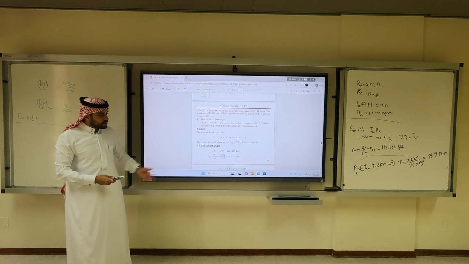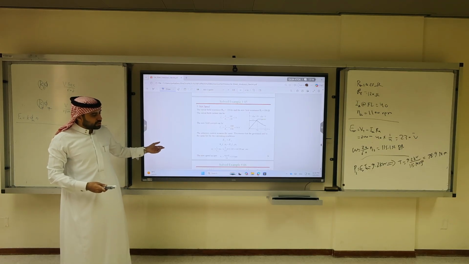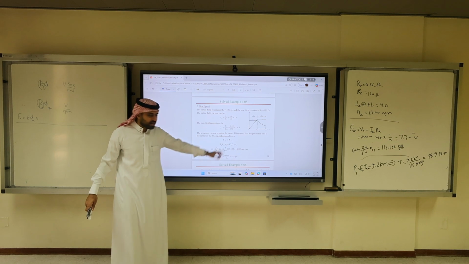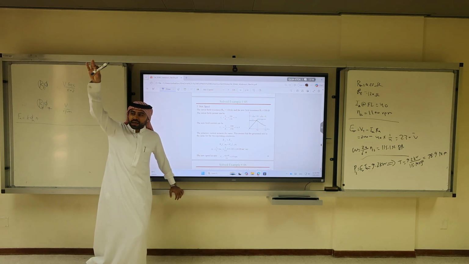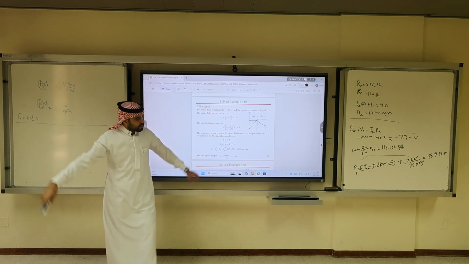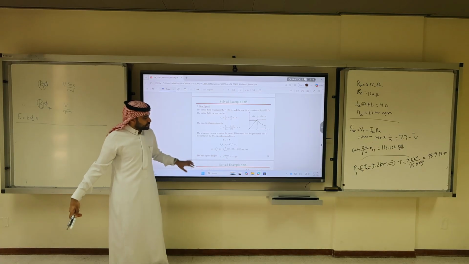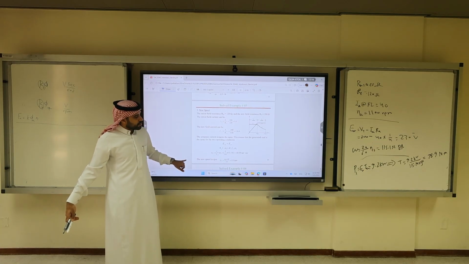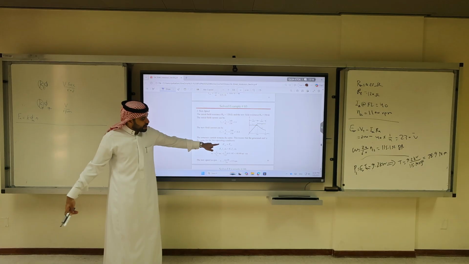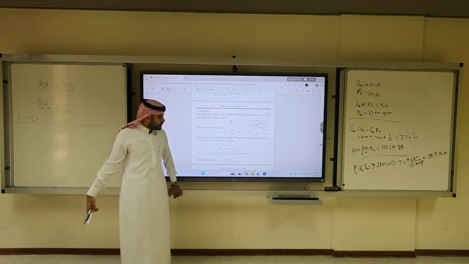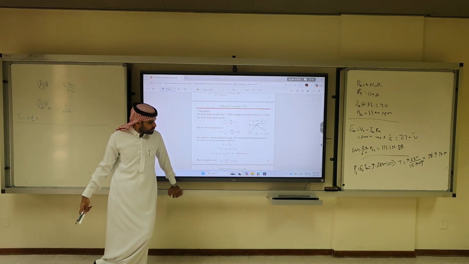So, let's check. No, the torque will be smaller. So the power will be bigger, but the speed will be larger. So EA actually is fixed here.